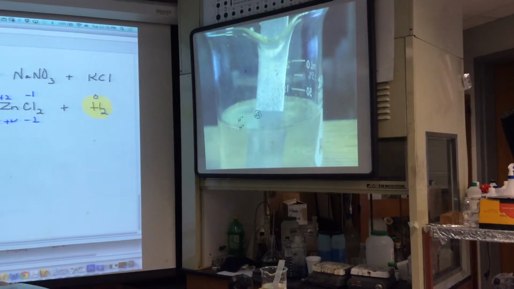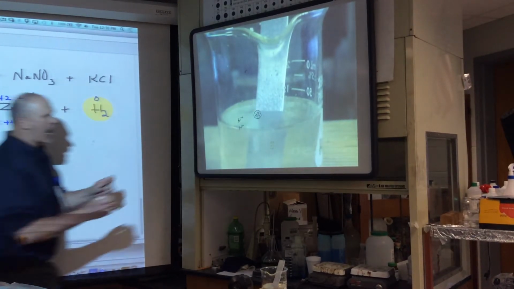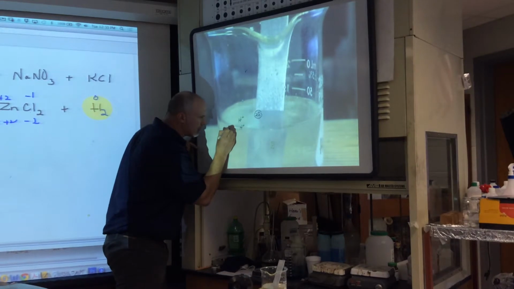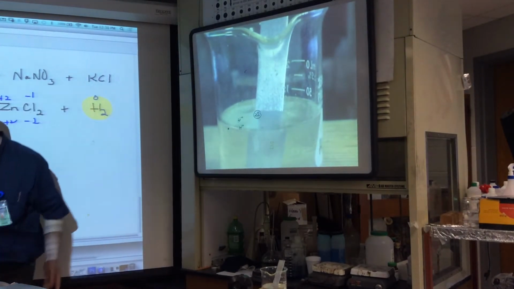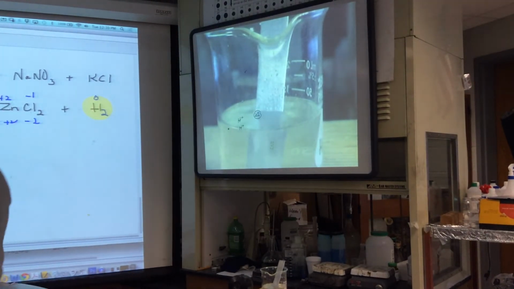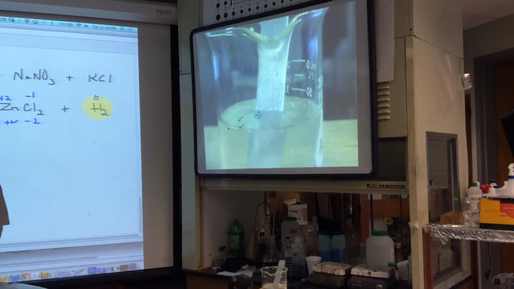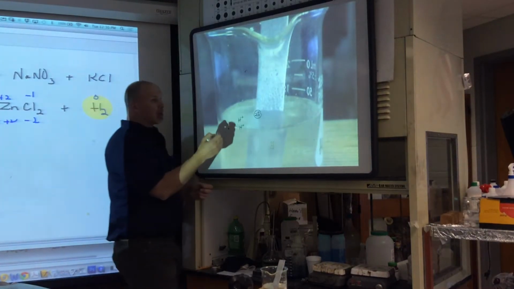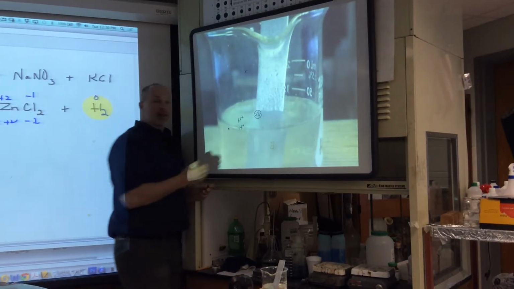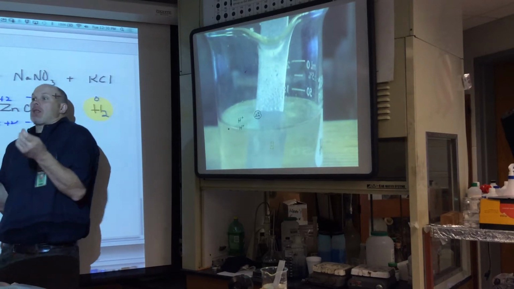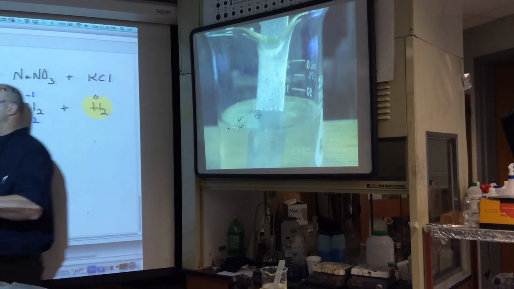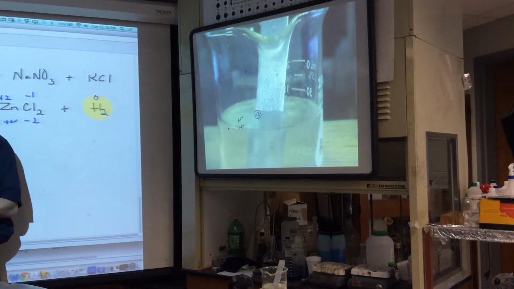H plus is really a proton, a tiny little positive. Because it's +1 in a small area, it really attracts electrons. H pluses are like heat-seeking missiles for electrons. So these H pluses go after the electrons of the zinc, or you can say the zinc pushes its electrons to the H pluses. It's a good combination.